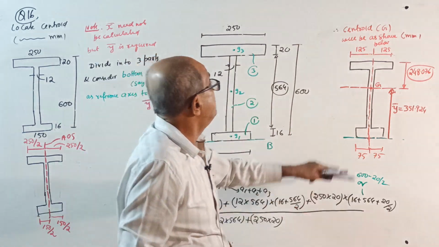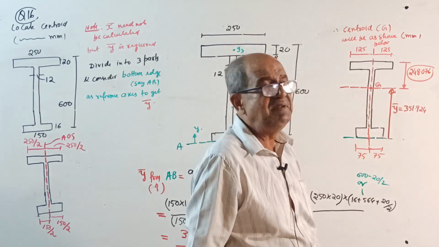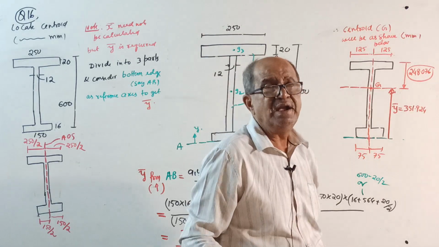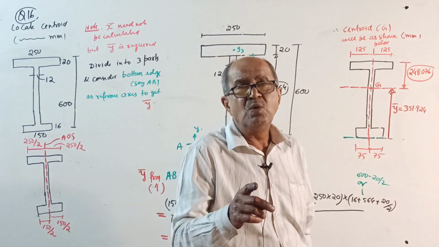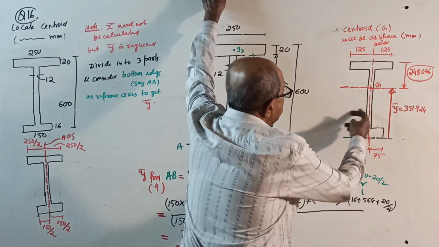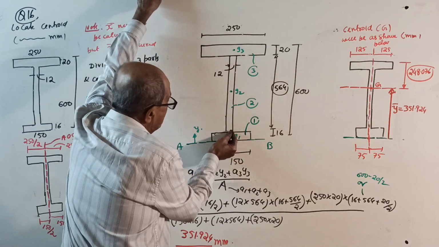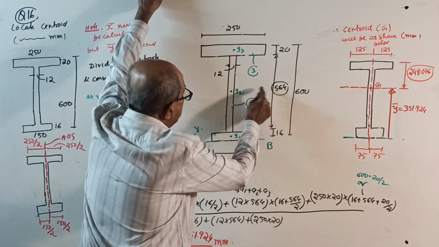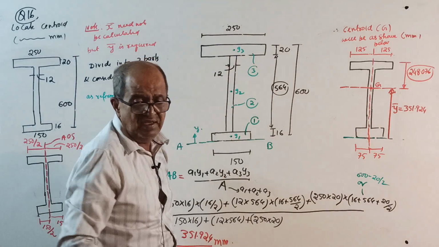Now, therefore, centroid G will be as shown in figure below. All dimension millimeter. Now, one important thing. You have to properly sketch the centroid. Otherwise, you will have difficulty for moment of inertia. If you randomly sketch without scale, see here, correctly. This is 16. From here to here is 564 by 2. So from bottom edge to center of the web is 16 plus 564 by 2.